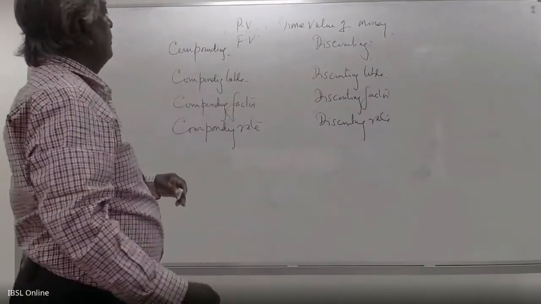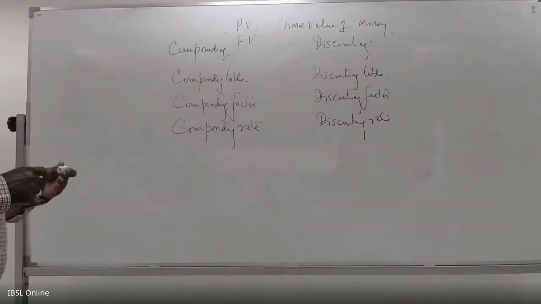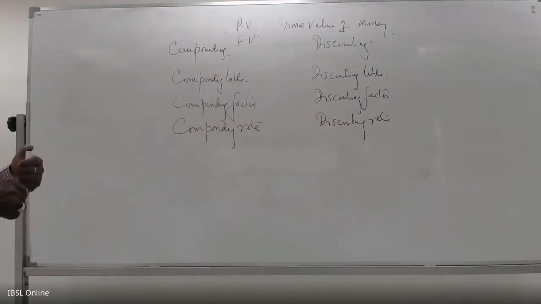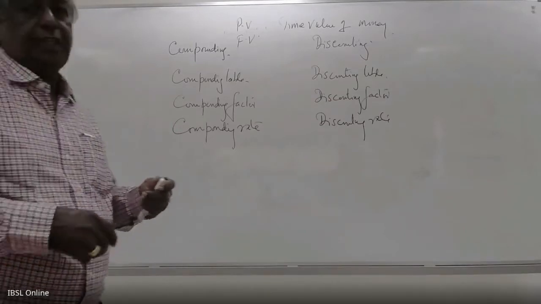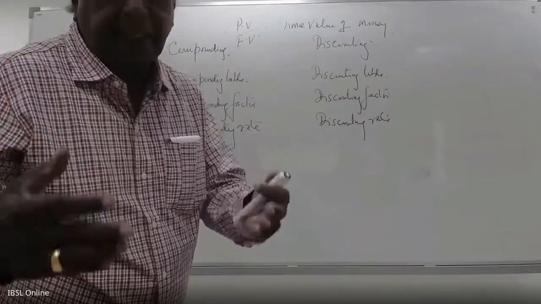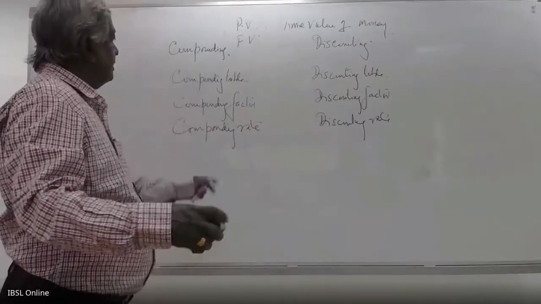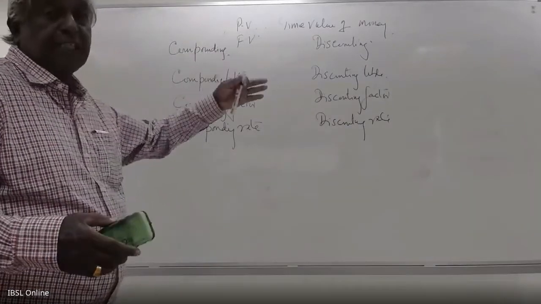Present value, future value, time value of money, compounding, compounding table, compounding factor, compounding rate, then discounting, discounting table, discounting factor, discounting rate. Discounting rate is the interest rate applicable in the technique of discounting. So these are the terms we have learned up to now.